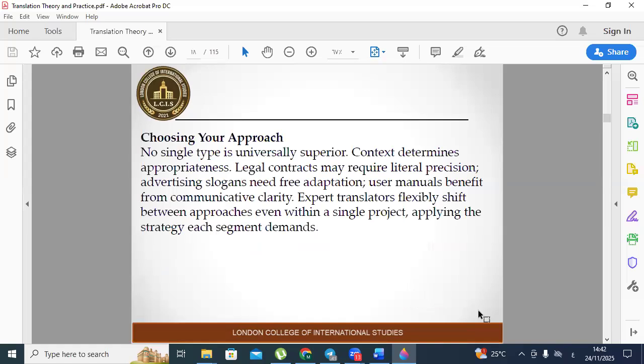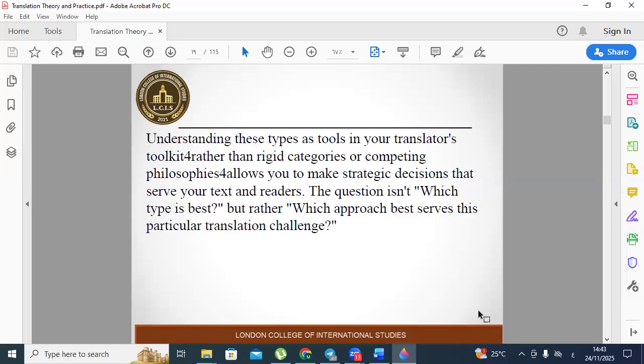Choosing your approach. No single type is universally superior. Context determines appropriateness. Legal contracts may require literal precision. Advertising slogans need free adaptation. User manuals benefit from communicative clarity. Expert translators flexibly shift between approaches even within a single project, applying the strategy each segment demands.